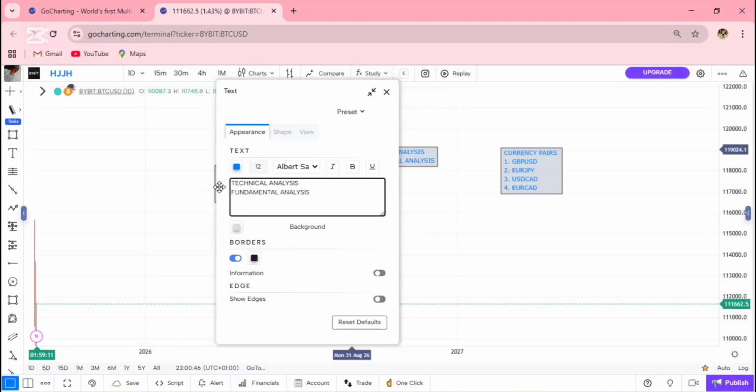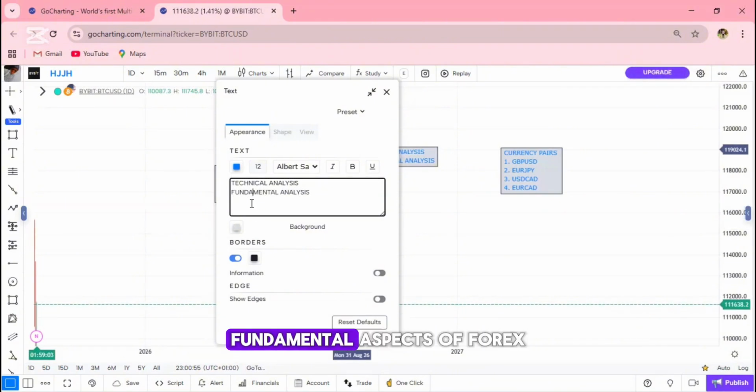Now, the fundamental analysis is just talking about the fundamental aspects of forex, that means the news aspect of forex.